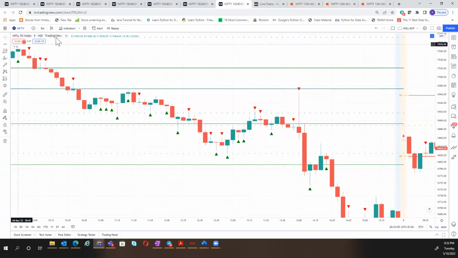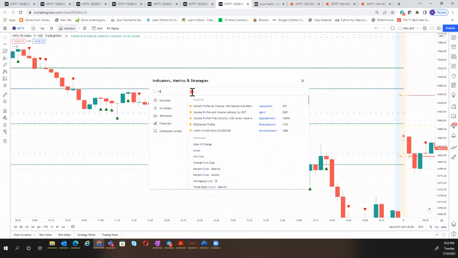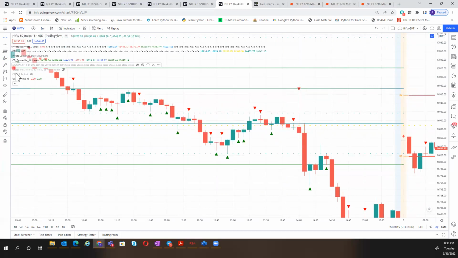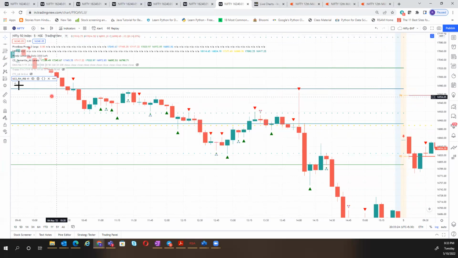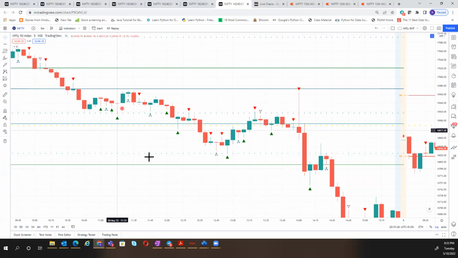Once again, you go to TradingView, type Rob Hoffman, and select Rob Hoffman's inventory retracement bar. I don't want the retracement price line, got it? I'm just removing the price line. All I want is to identify these candles.